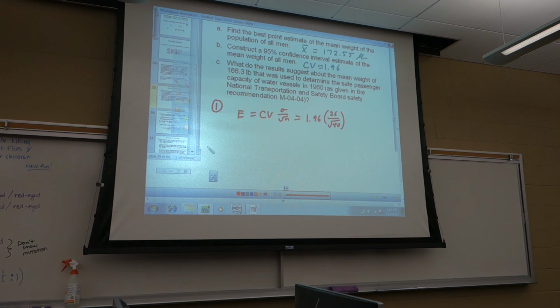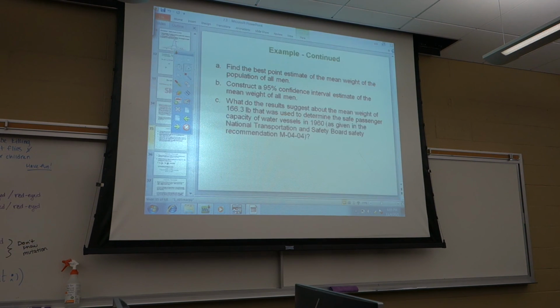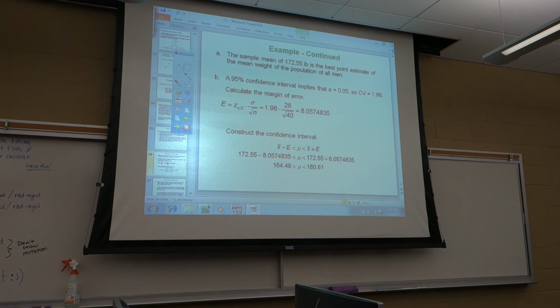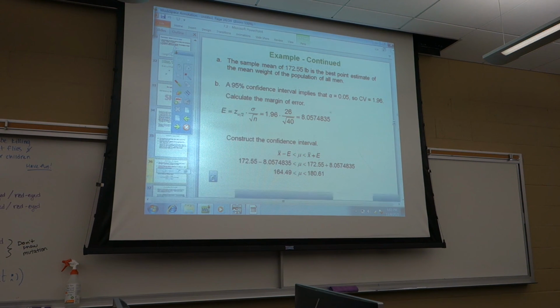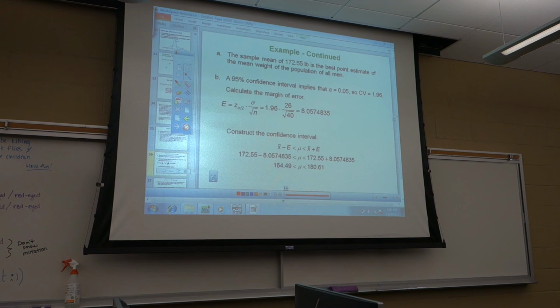Great. And that is magically, we'll find it. It is right here. 8.057. So I'm going to make this 8.06.